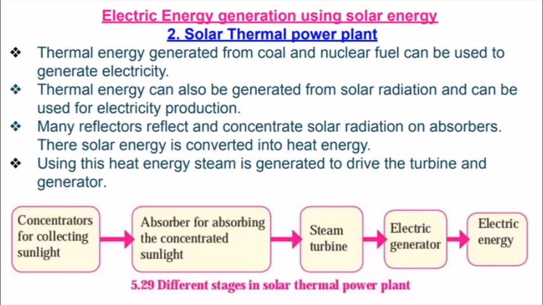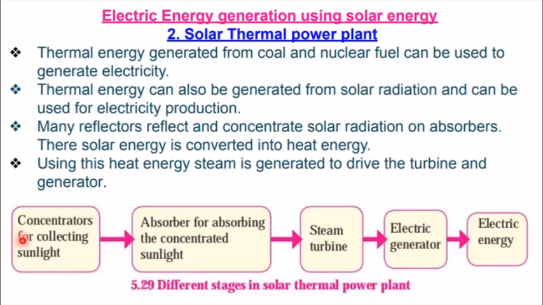What we need is a few reflectors and absorbers, and these will convert the solar energy into heat energy. This heat energy, that is the steam which is formed, can be utilized to run the turbine, and then the generator will generate the electricity.